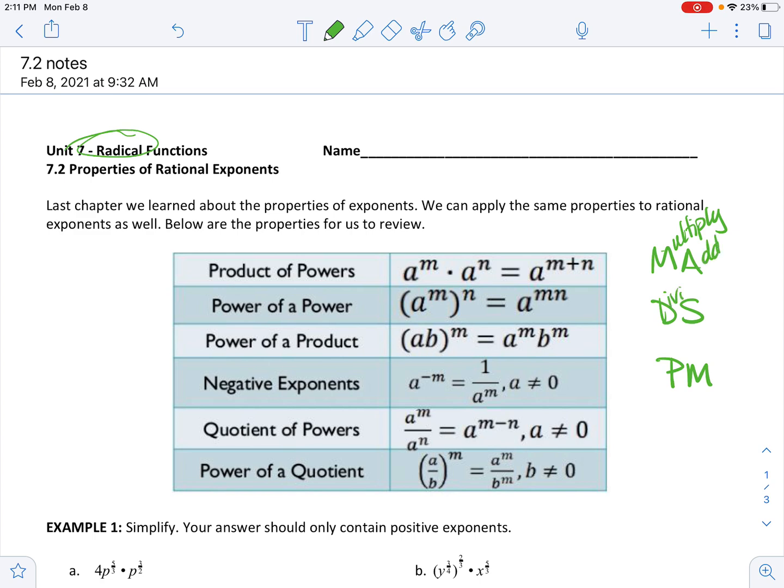We divide coefficients and subtract the exponents. And we raise a power to a power, we multiply the exponents.